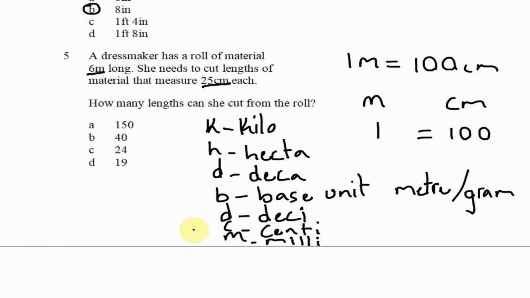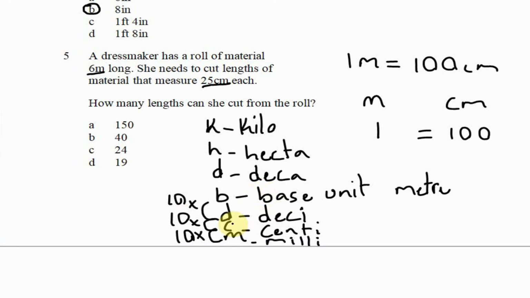Now to convert from one unit to the next, every move we make, we multiply by 10. By now you guys should figure out that our base unit in this particular question would be meter, because we're talking about meter and centimeter. What we want to know is how many centimeters will give us 1 meter.